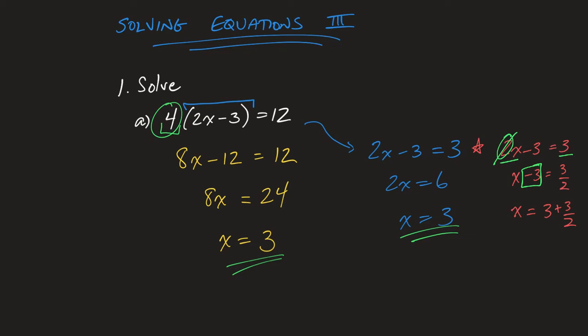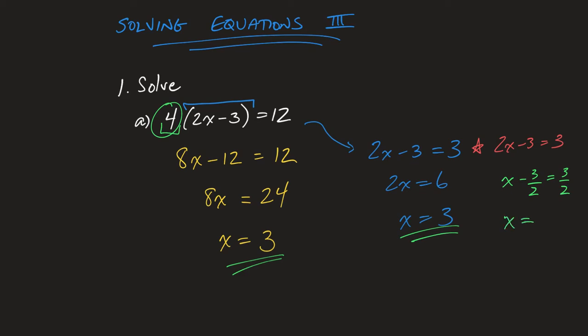Okay, I'm going to get rid of that red, because you could have worked your way through and did that. Okay, I have my 2x minus 3 equals 3, and I'm going to divide every term by 2. Okay, 2x divided by 2 is x. 3 divided by 2, I have to leave it as a fraction. Doesn't divide evenly.